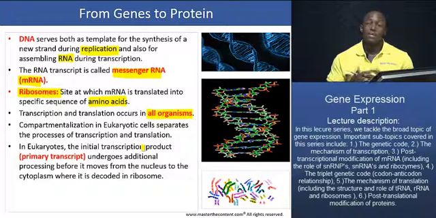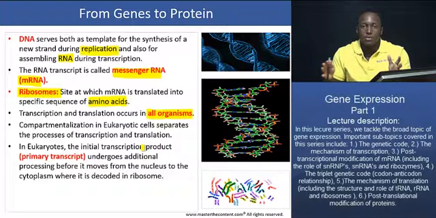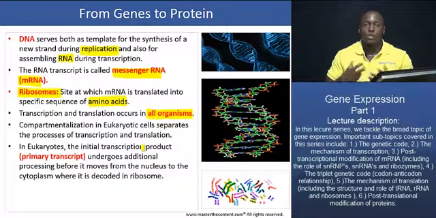Because bacterial cells do not have a nucleus, their DNA is not separated from the general cell cytoplasm. What does this mean? This means that as genetic information or genes are being transcribed, they can also be simultaneously translated to produce a protein. So there's no separation of these two processes when we're talking about bacterial cells, when we're talking about prokaryotes.